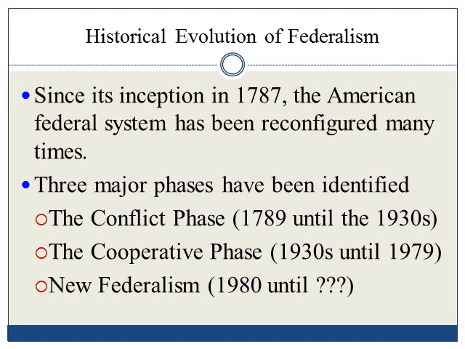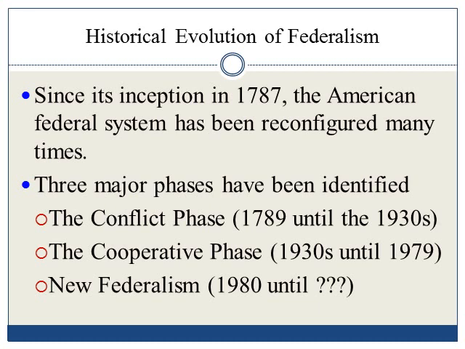Talk a little bit about the historical evolution of federalism. As I said, the Constitution was written in 1787 and signed in 1789. Over the 200 plus years since the American federal system has come into being, it has changed.